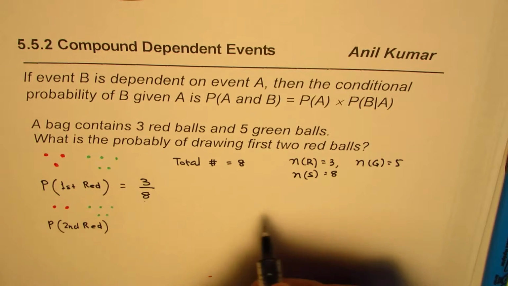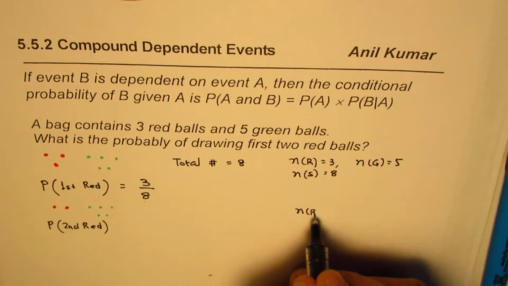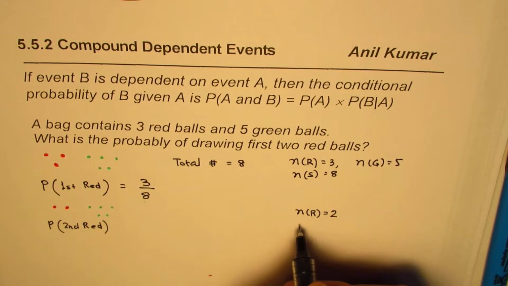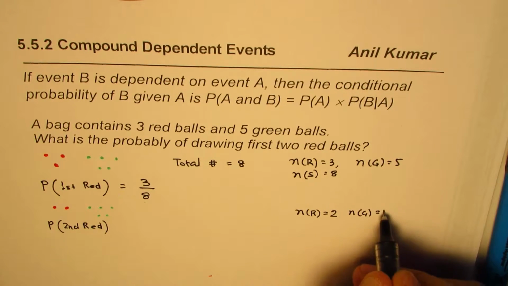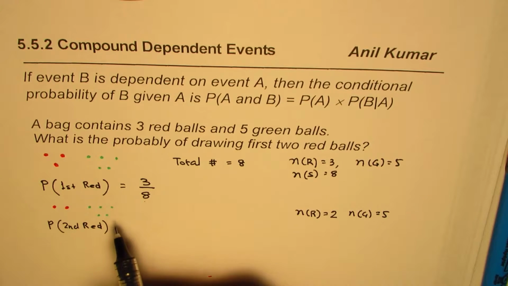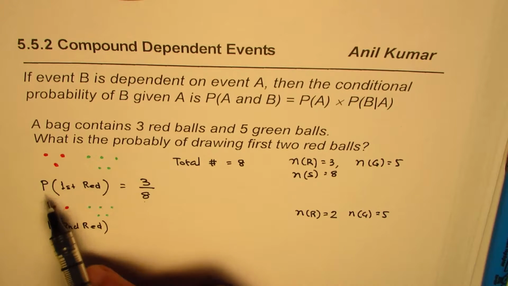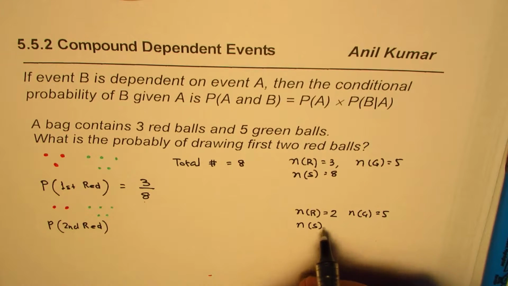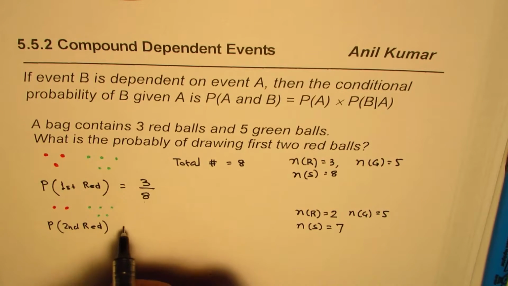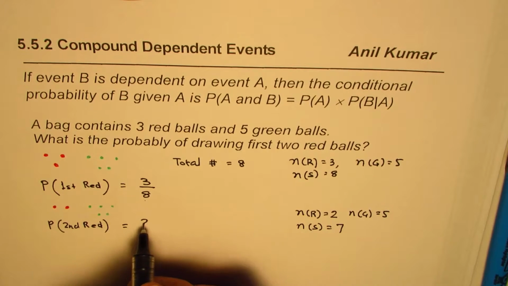Do you see that? So in this case, number of red balls is 2 and number of green remains 5. It's a conditional probability. We are saying the first one drawn is red, right? Now, and in our space, we are left with 7. Therefore, this probability is 2 out of 7.